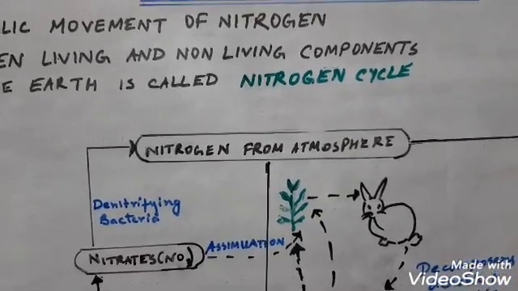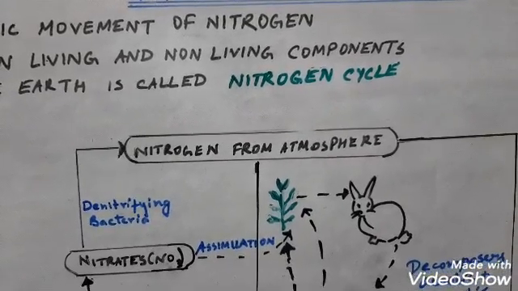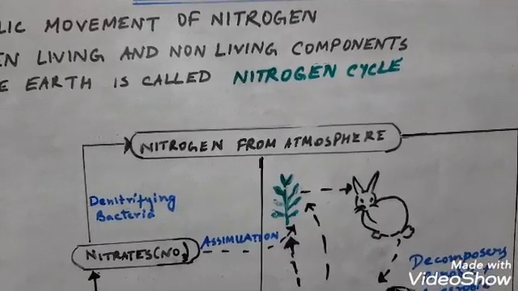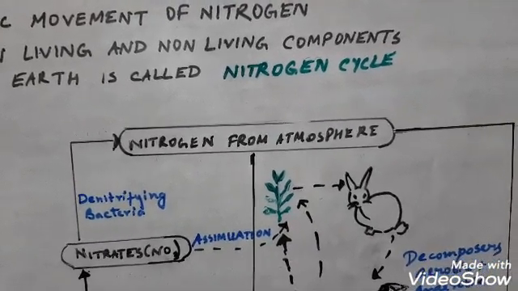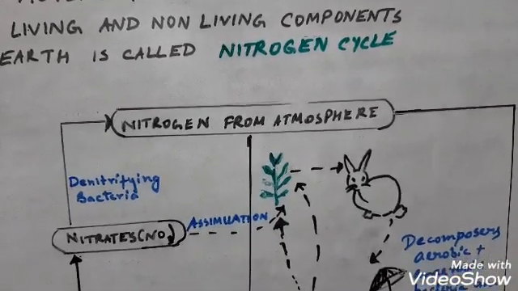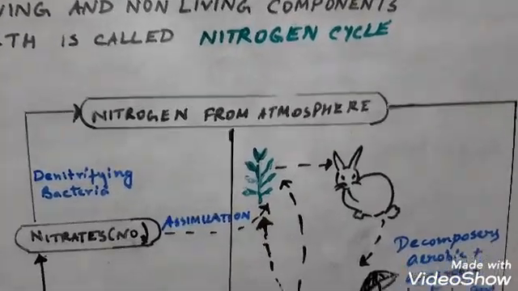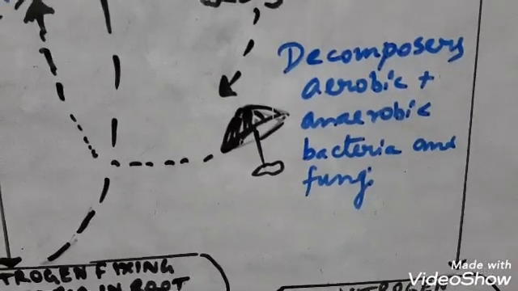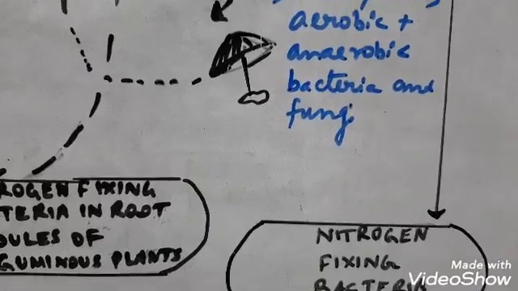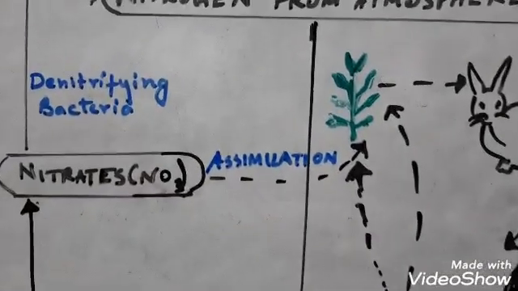Nitrogen is required for the production of chlorophyll, nucleic acid, protein and vitamins, because nitrogen is a part of these components. But plants cannot take this nitrogen directly from the atmosphere for making protein, nucleic acid or vitamins. So there are certain bacteria and blue-green algae present in the soil that can convert the atmospheric nitrogen into a soluble form so that it can be absorbed by the plants and assimilated.